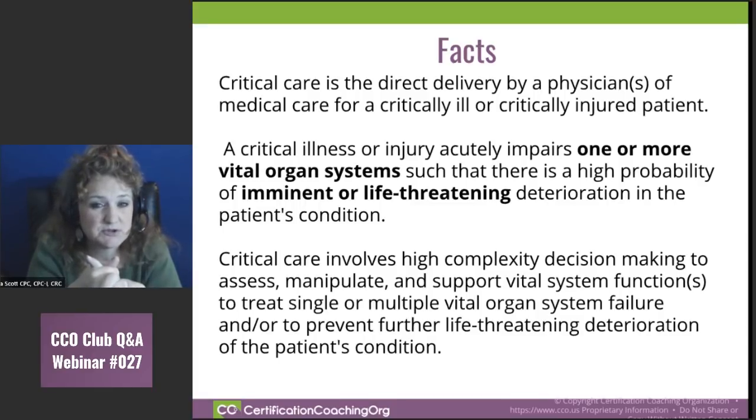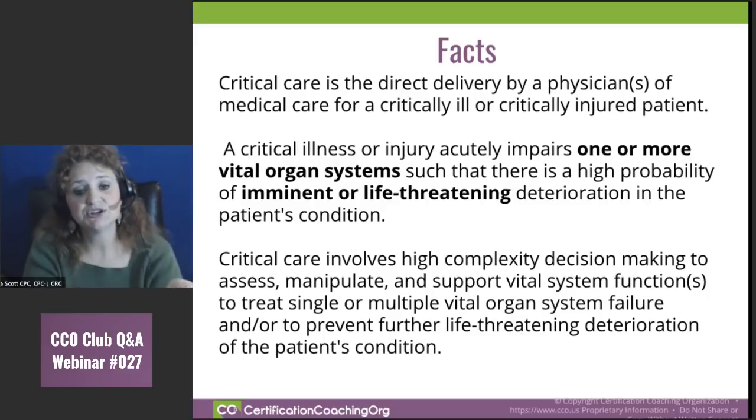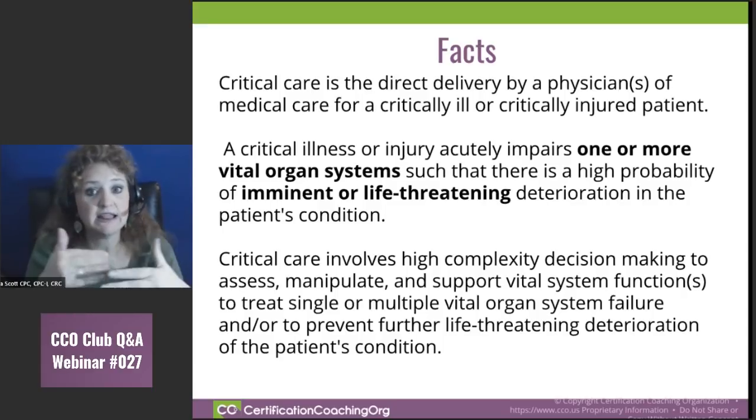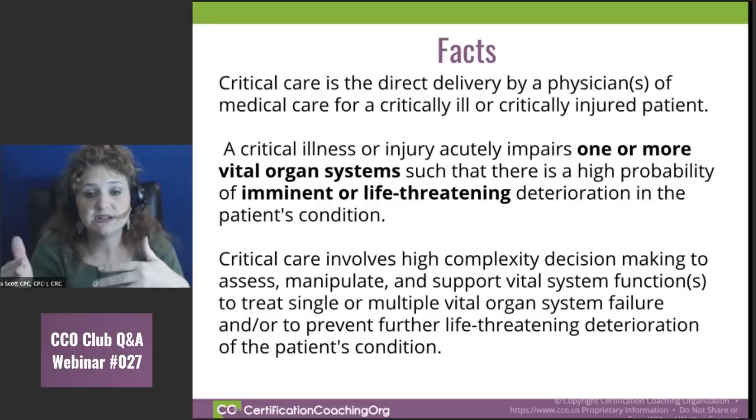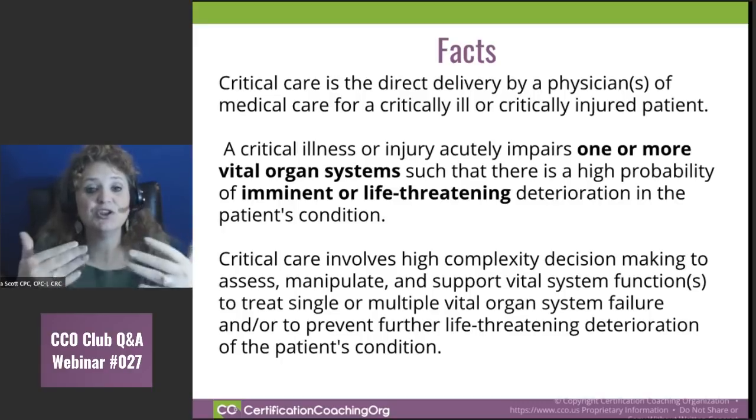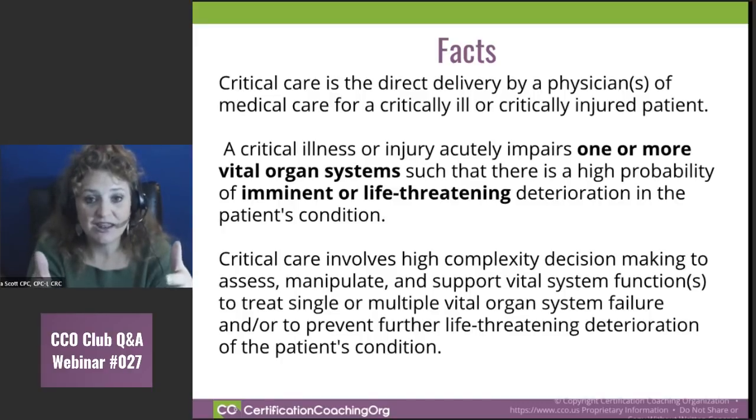I think they've probably been trained well for critical care, but you need to know this so that if you're in a position where you need to say, hey, yeah, you said this patient was critical, but you didn't explain how they were critical and what you did for them that shows that they were critical. You just stated they were critical. I need more to be able to use that critical care code.